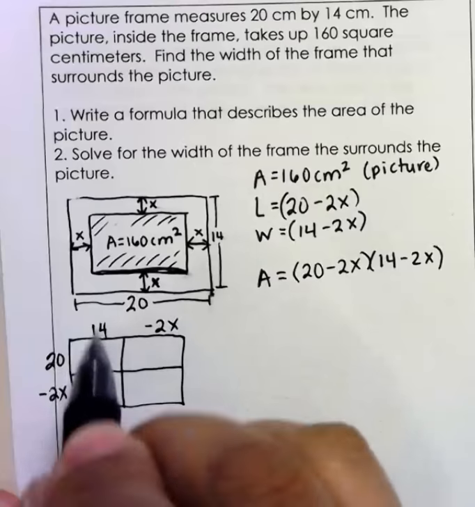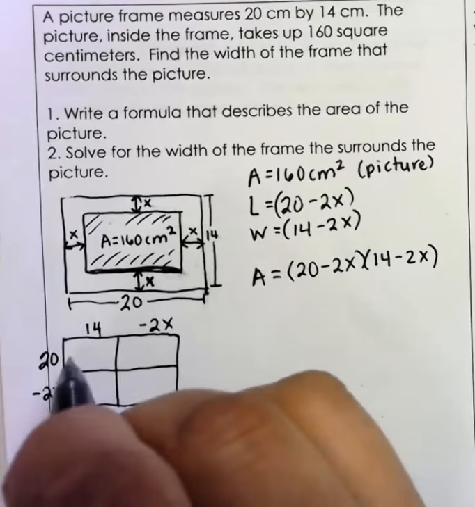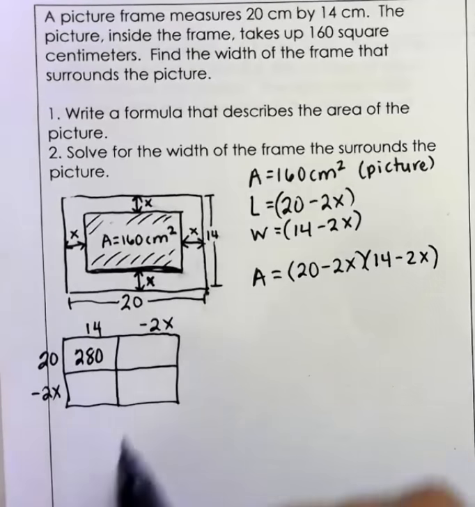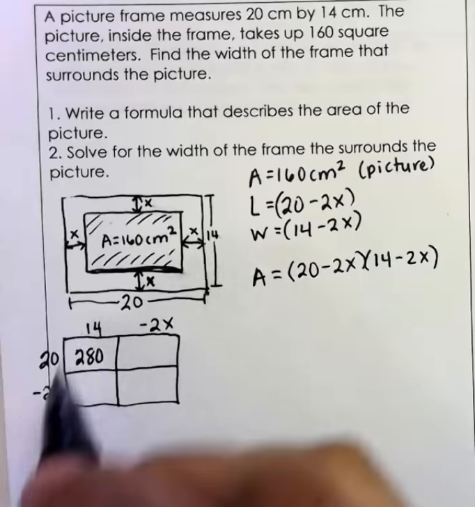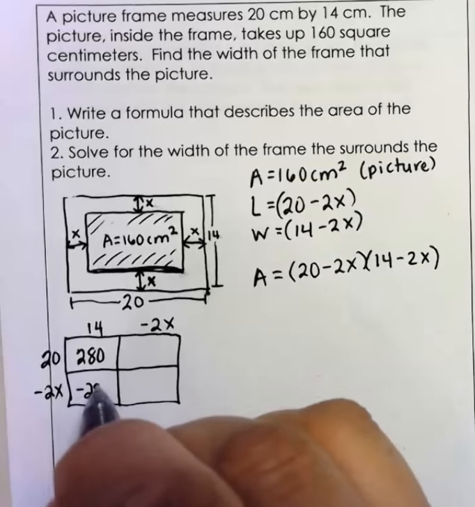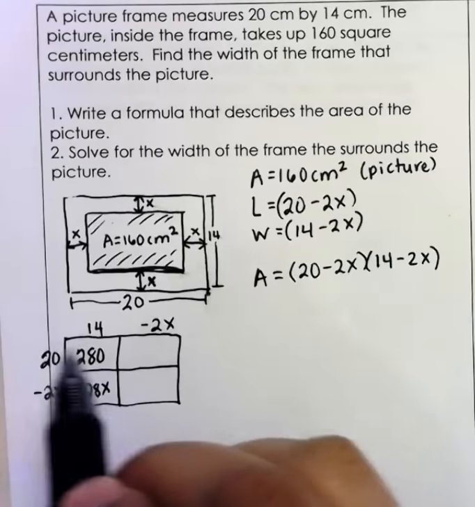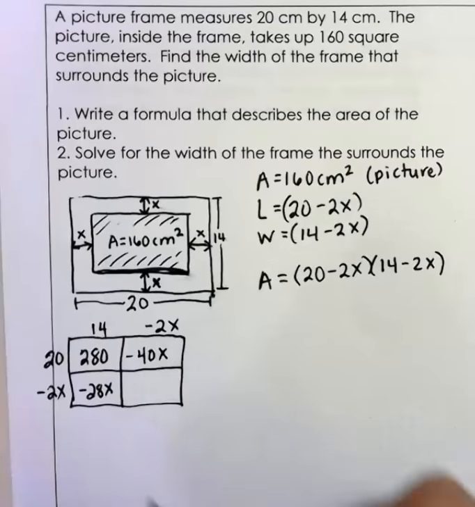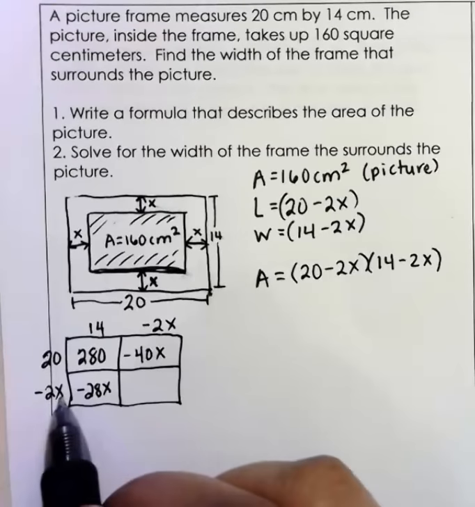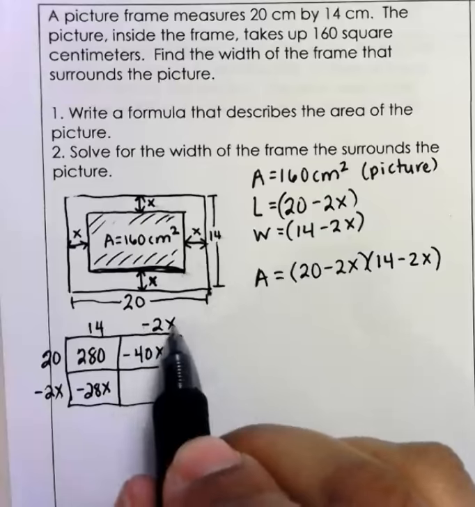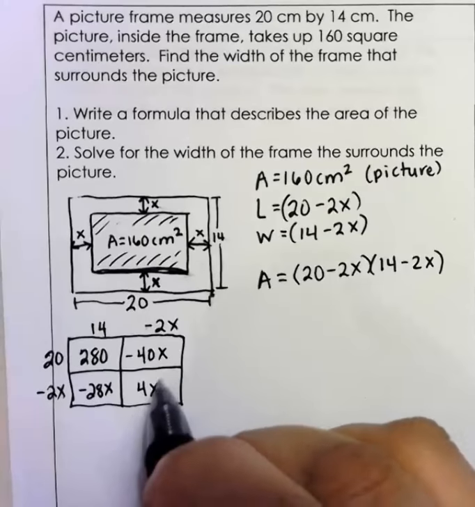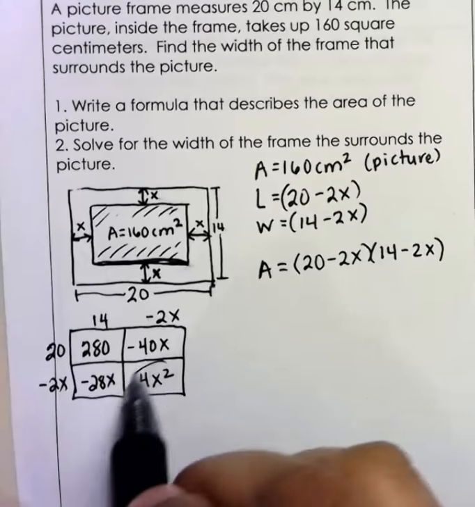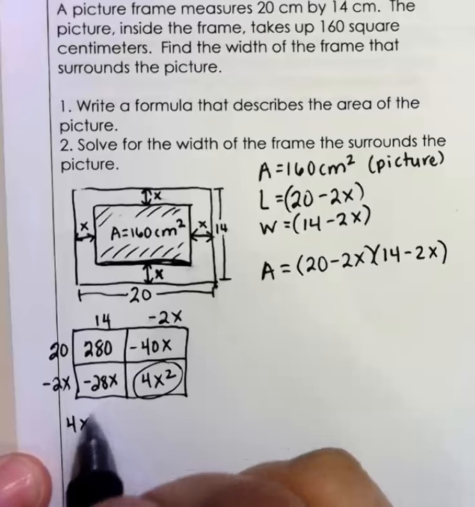Now remember, we have multiplied this and this, so 20 times 14 is 280. 14 times negative 2 is negative 28X. 20 times negative 2 is negative 40X. Negative 2X times negative 2X is positive 4X squared. And if I collect these terms, I get 4X squared.